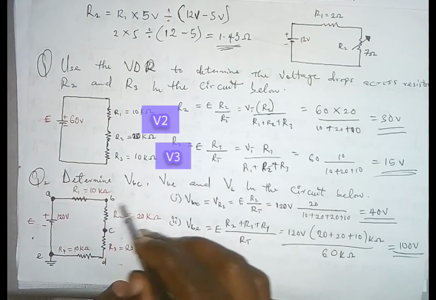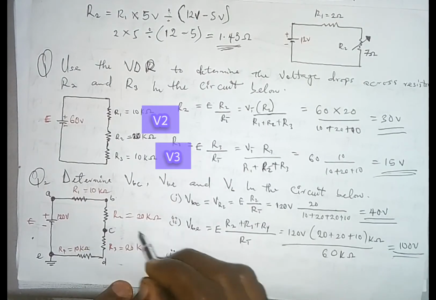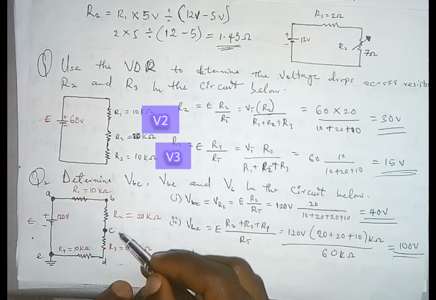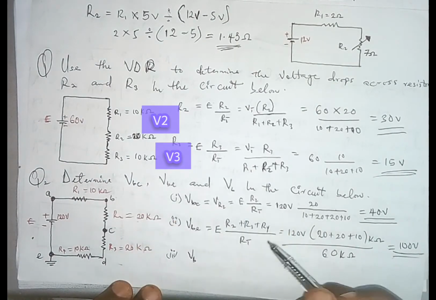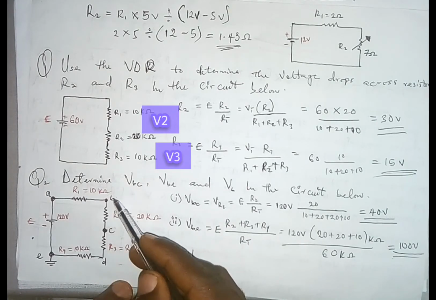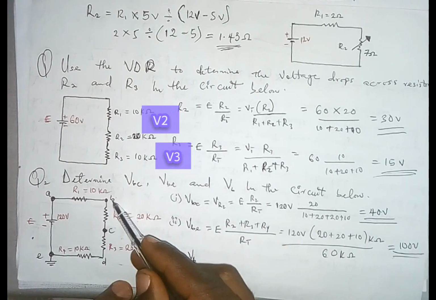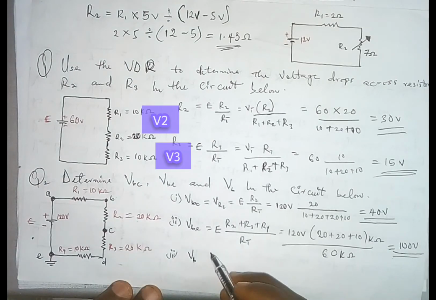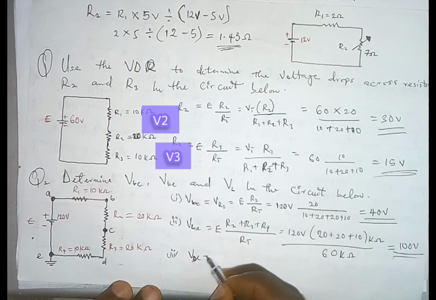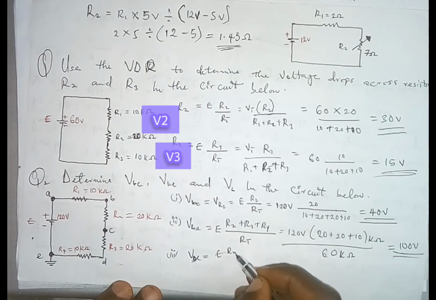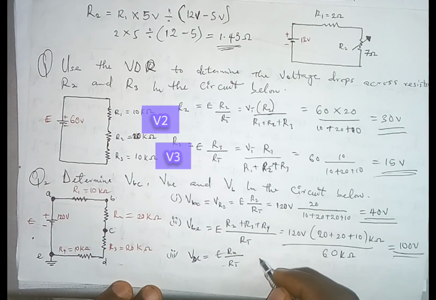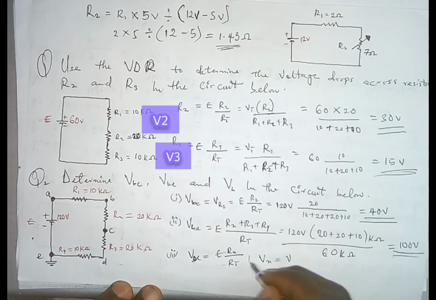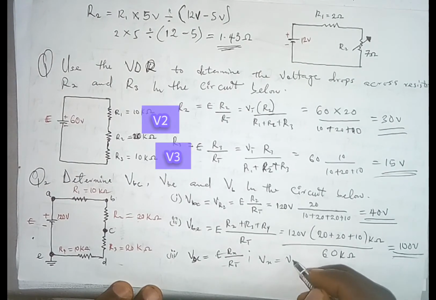From B to C, we know that it is R2. From B now, B is unknown. The same thing applies to VBE. If you look at the general equation, Vx is equal to E times Rx over RT. In this case, our Vx is equal to VBE.